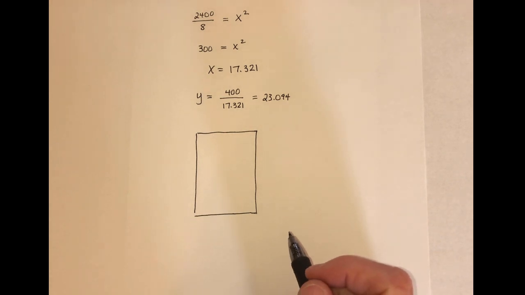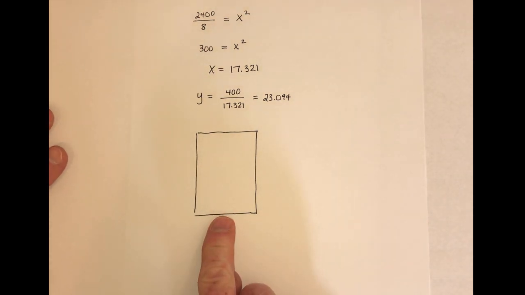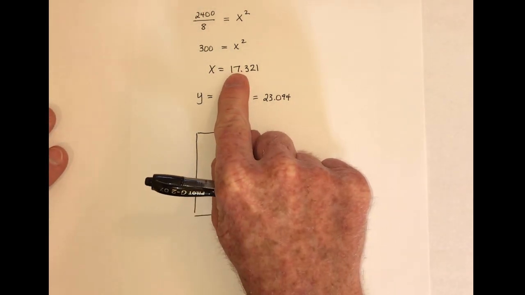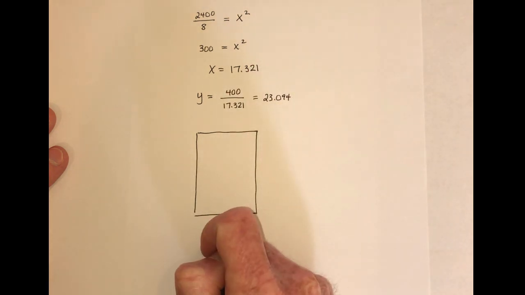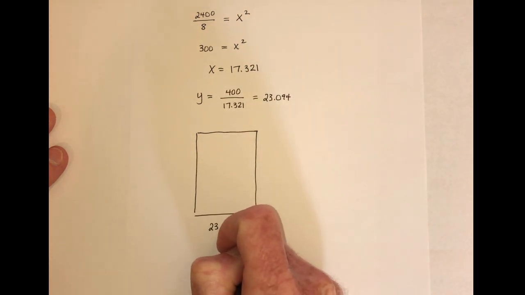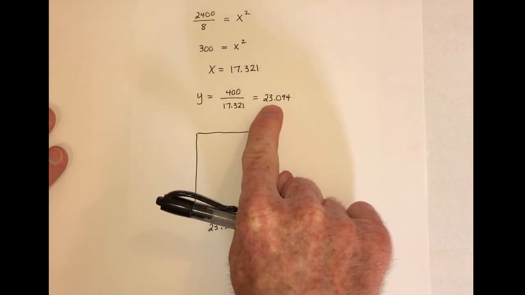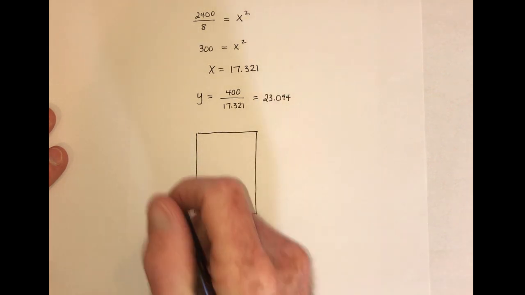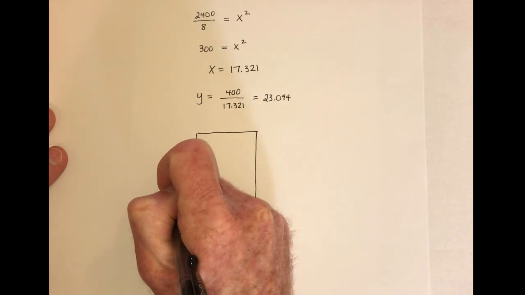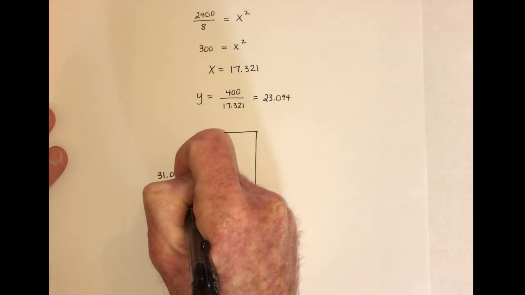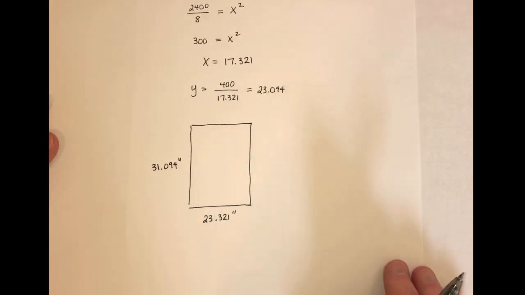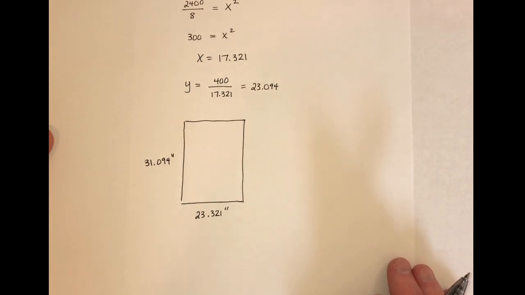This needs to be x plus 6, so if you add 6, that's going to be 23.321 inches. And for the y, we need to add 8, so that's going to be 31.094 inches. And that's how much paper each poster would use.